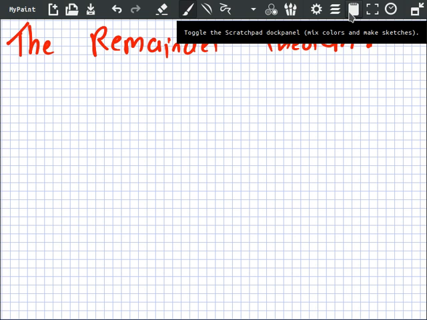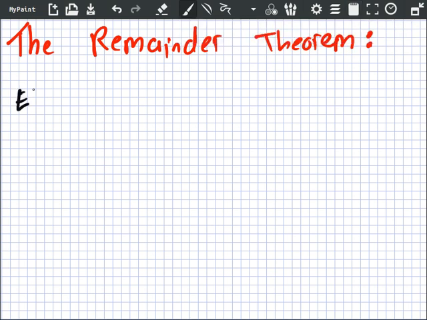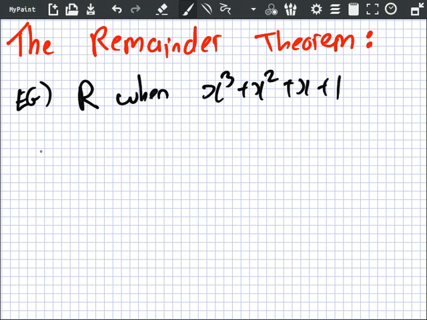Just to get warmed up a little bit, I'm going to give you a quick long division question to do. What I'm looking for, just to get us started, is the remainder when, let's say, x cubed plus x squared plus x plus 1 is divided by x minus 1.